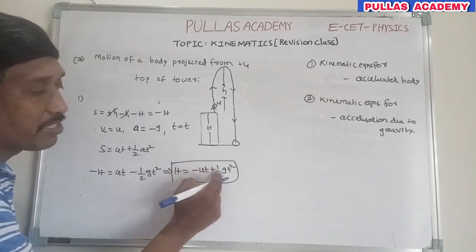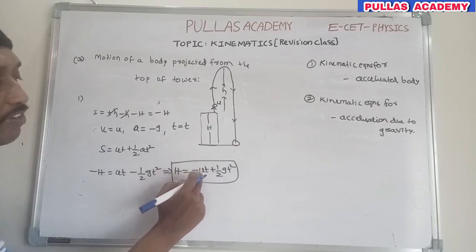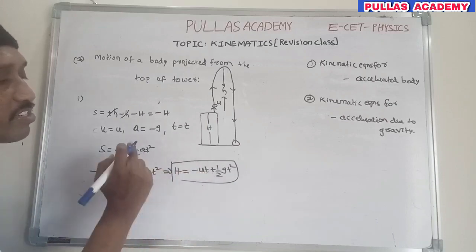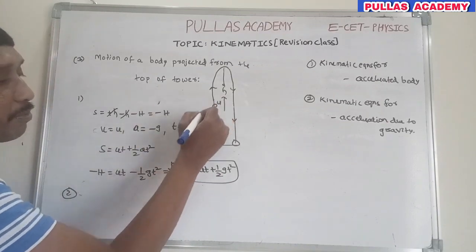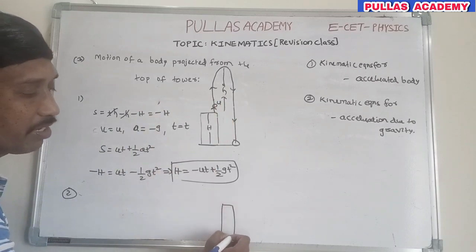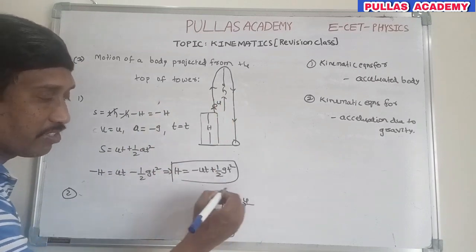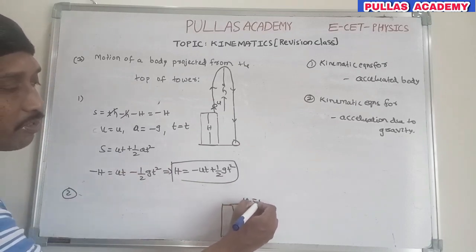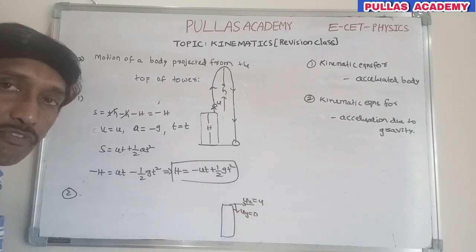Sometimes H and u are given and time is asked; sometimes t and u are given and H is asked. Anything can be asked, and you have to find it. When it is projected upwards from the tower, that is this formula. Otherwise, from the same tower, if it is projected horizontally with some velocity u, then ux is equal to u but uy is 0, which means it is similar to the freely falling body.